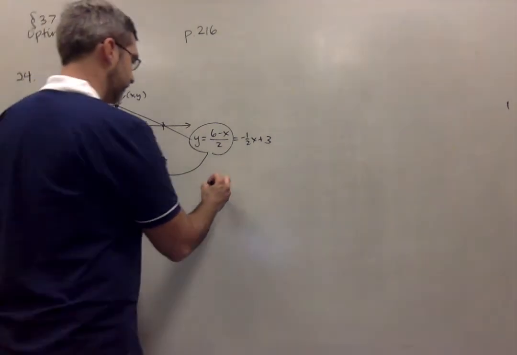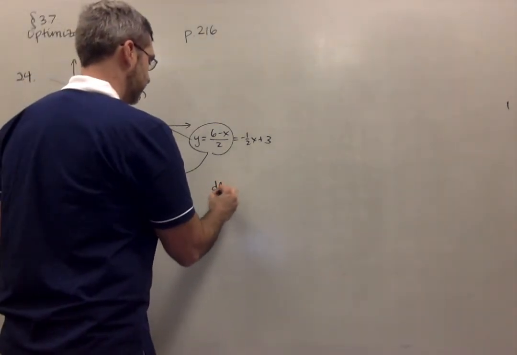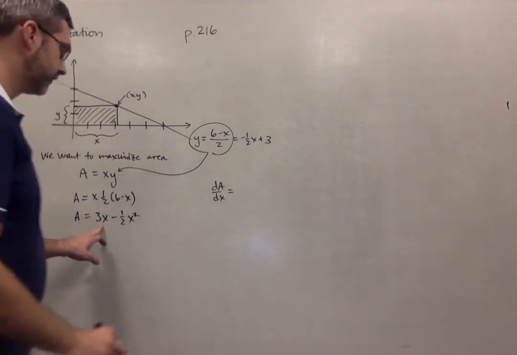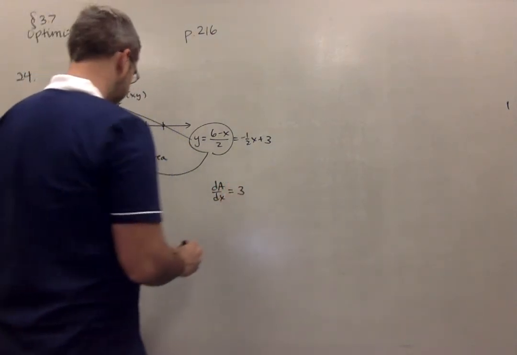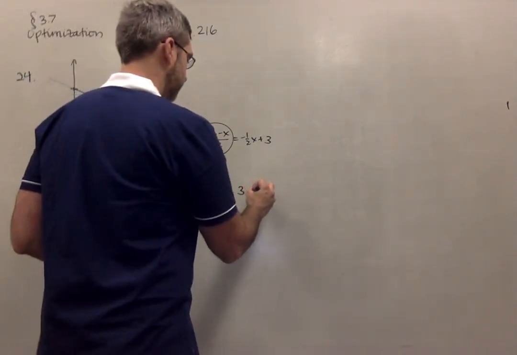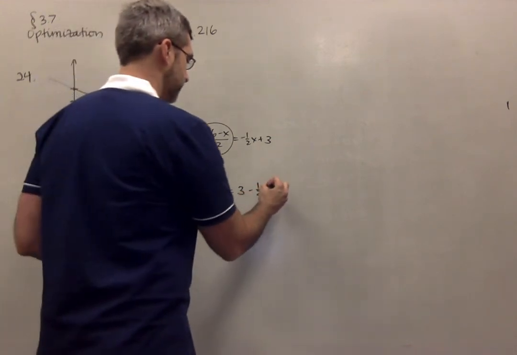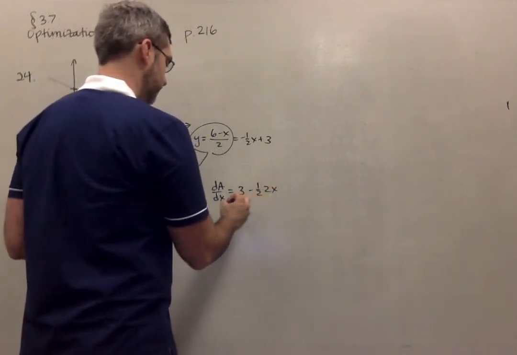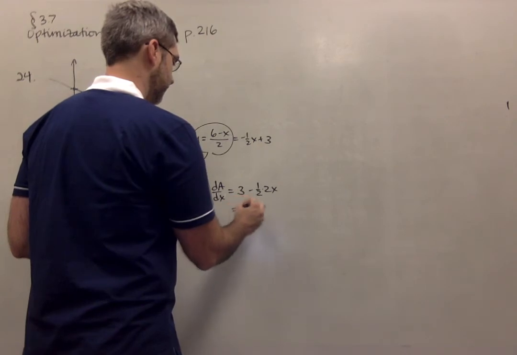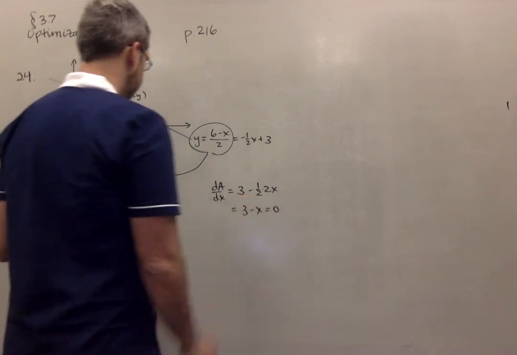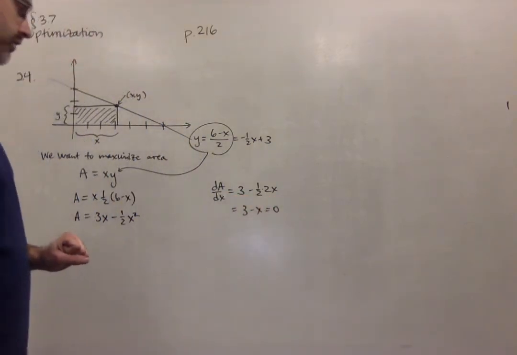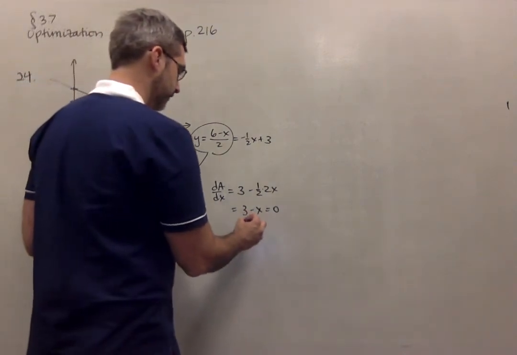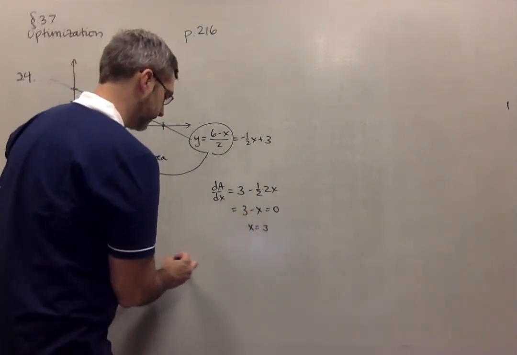I'm going to differentiate. So dA/dx, the derivative of 3x is just 3, minus 1/2, and the derivative of x squared is just 2x. The 2's are going to cancel there, and I'm going to get 3 minus x. And so, if I set that equal to 0, x looks like it's 3.